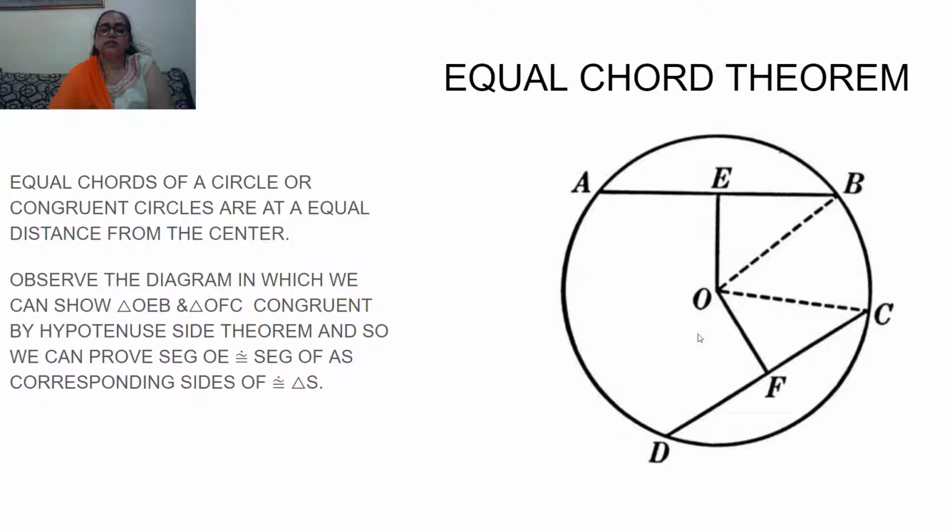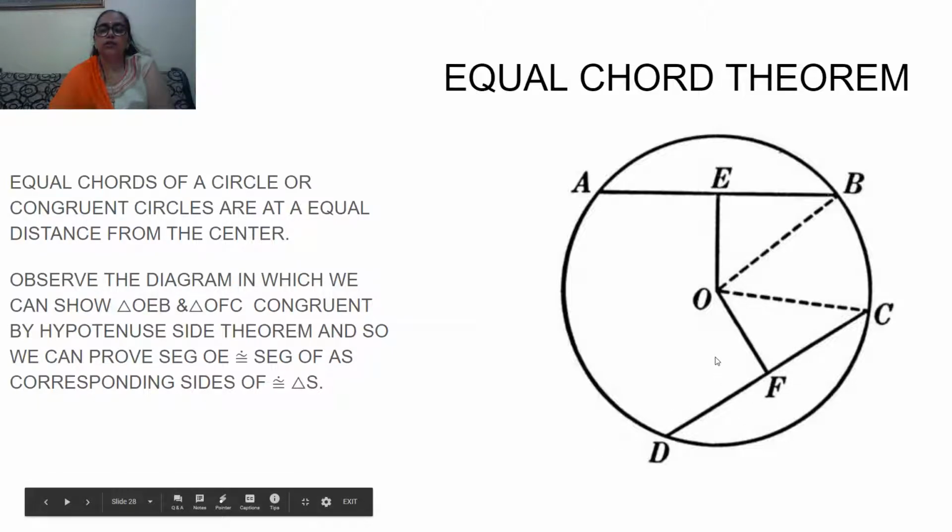We can show the triangles OEB and OFC congruent by the hypotenuse side theorem, and after proving that we can show that OE is congruent to OF, which are corresponding sides of congruent triangles.